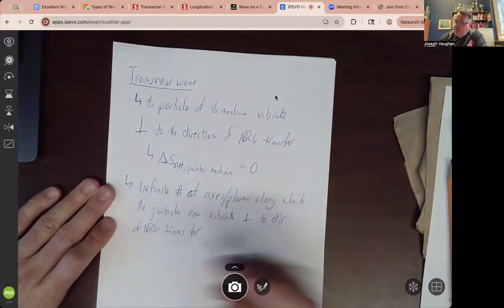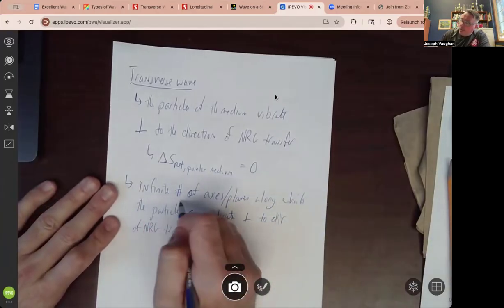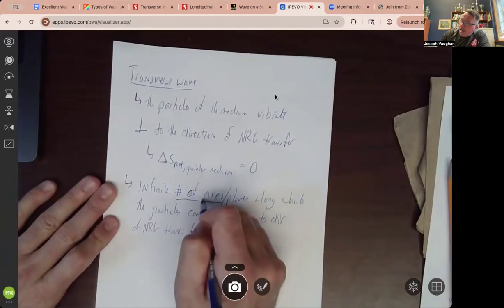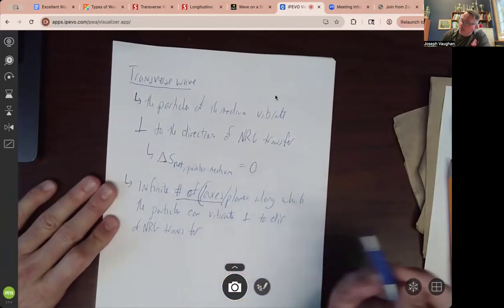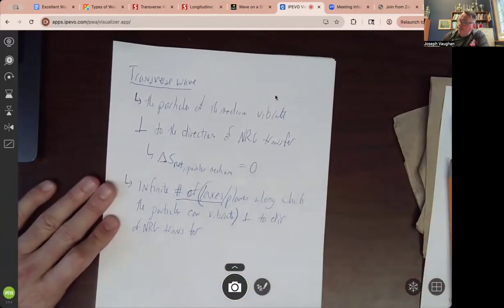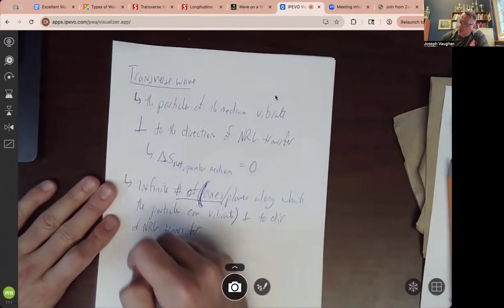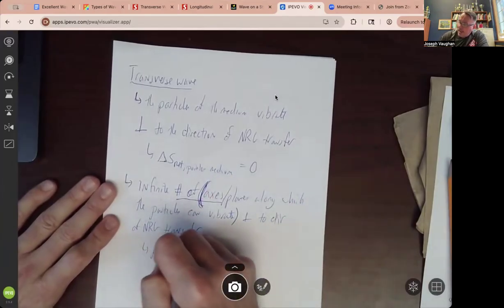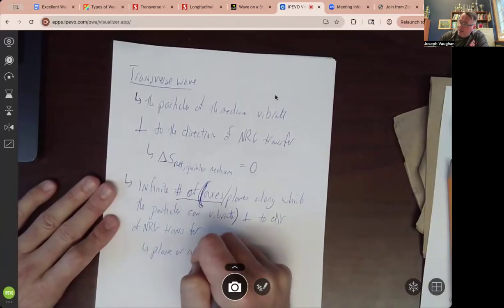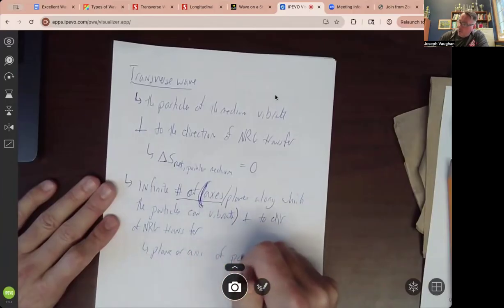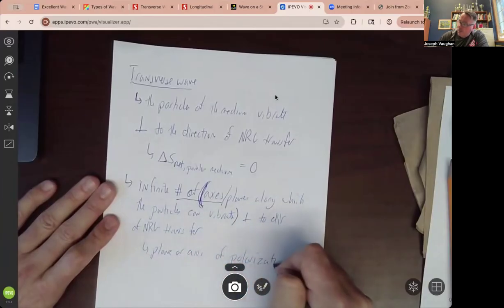And I'm going to give a different name to that, right? The axes along which the particles vibrate are also called a plane or axis of polarization. Okay?